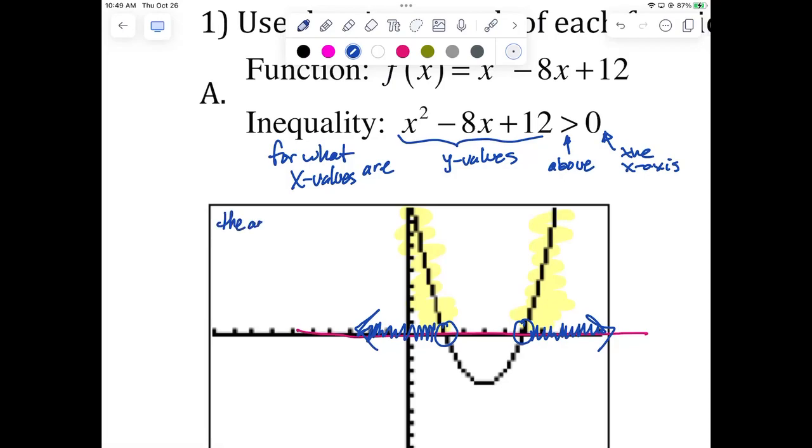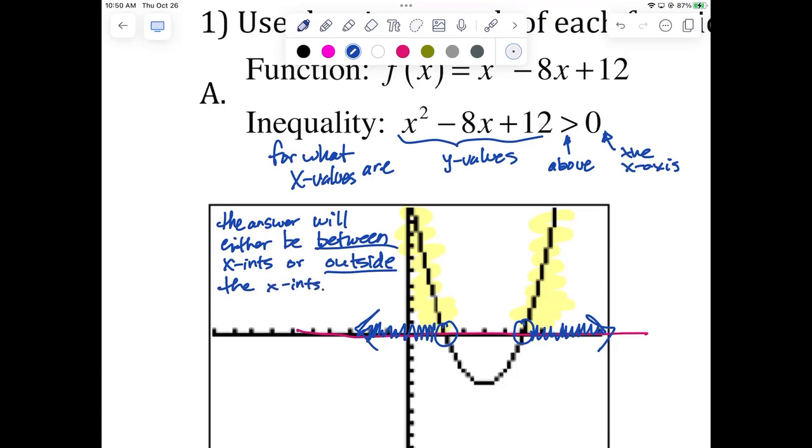The answer, every single time, will either be between the x-intercepts or outside the x-intercepts. Always between or outside of.